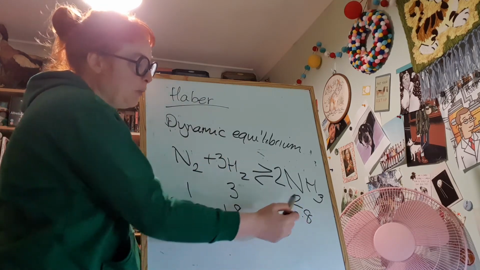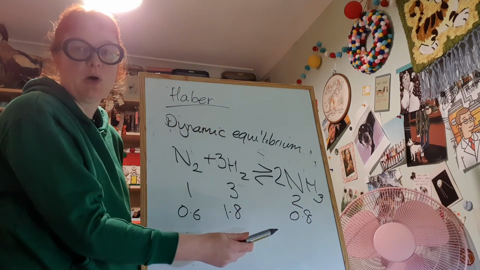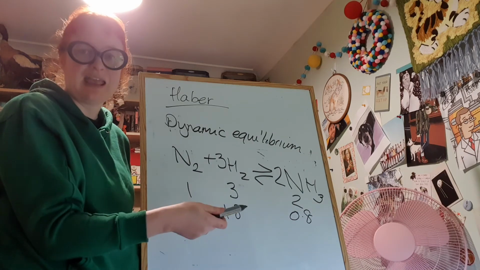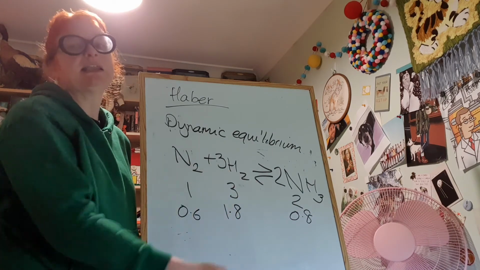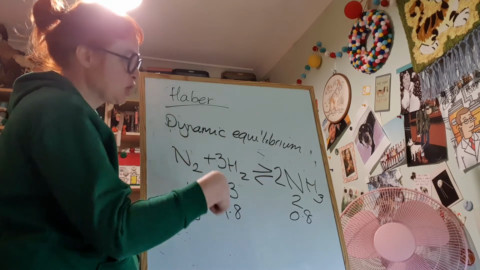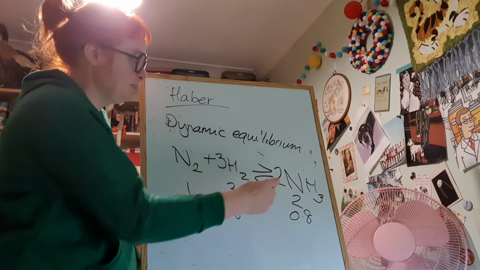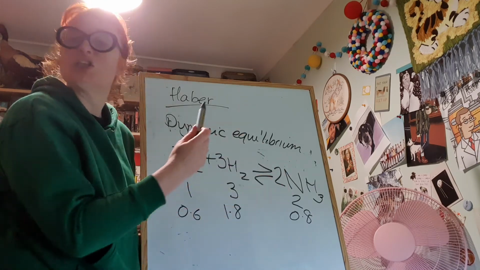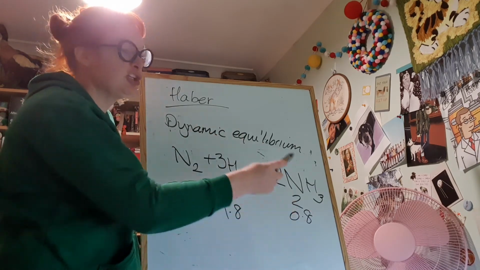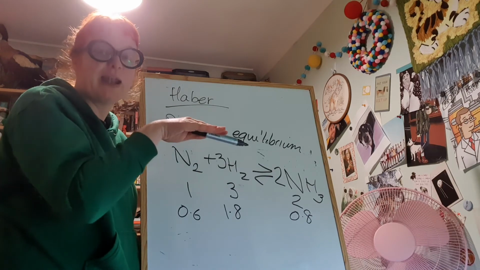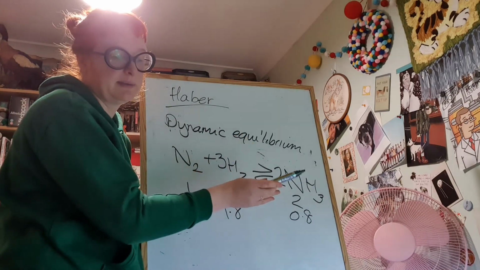So while it looks like we've got this 0.8 moles and you're kind of assuming it's the same, it's not. It's like this swapping around is constantly happening. This nitrogen goes over here, and it's always changing and swapping, but it's just reaching this kind of even level point where we've got these numbers.